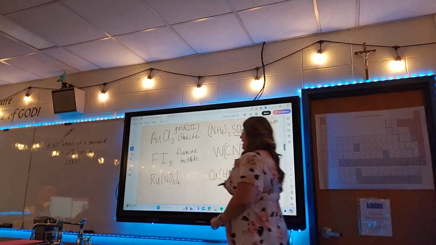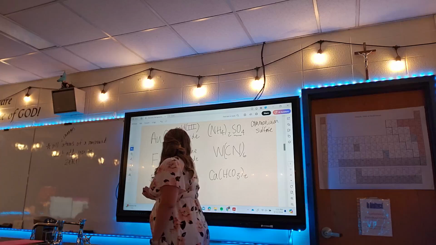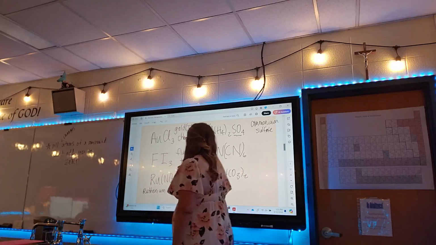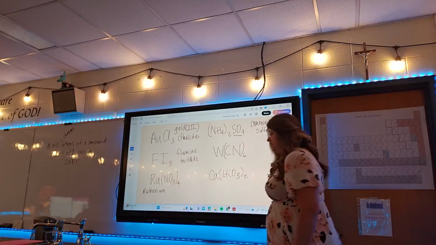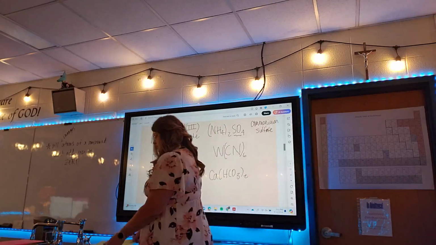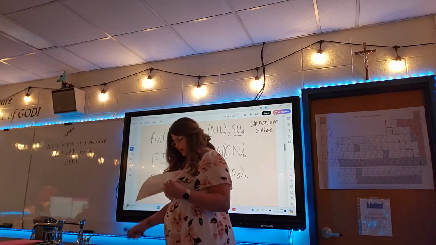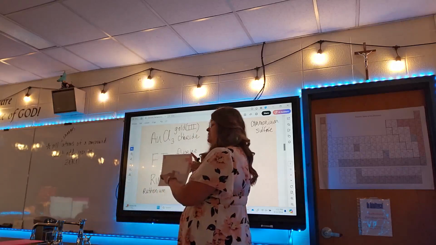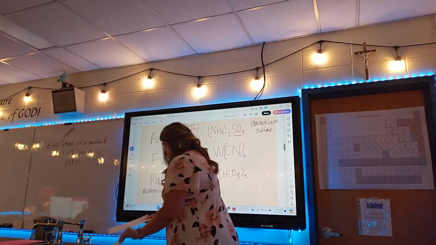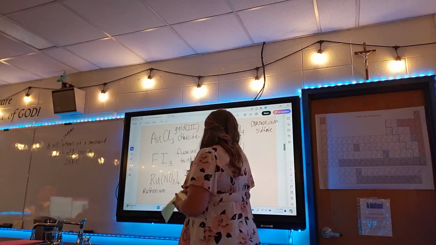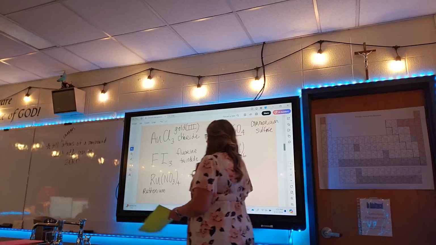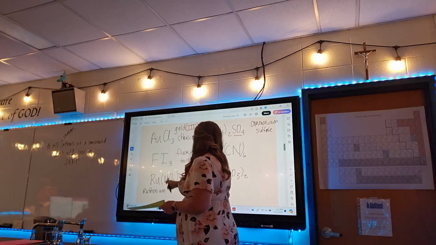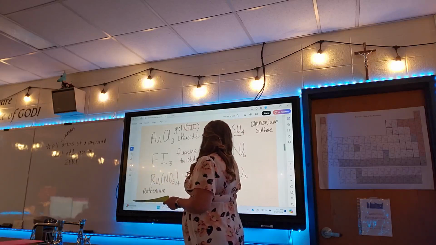And then this next one, Ru, is ruthenium. Ruthenium is right here, so that means it's not 1A or 2A. It's a transition metal. Is it more than two elements? It is, so I'm going to follow my rule number 5. I'm going to find out the charge of ruthenium. I've got 4 NO3s.